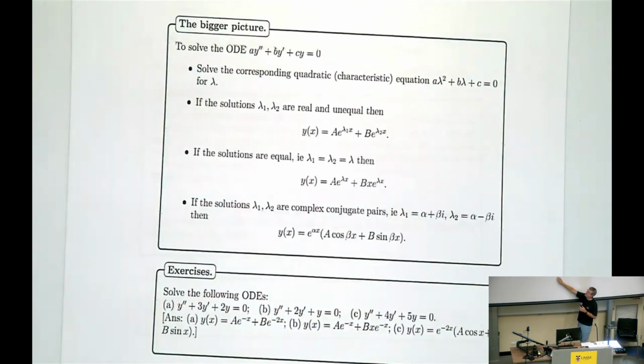They're repeated roots in the second case. And in the third case, it's obviously complex roots, fully characteristic.